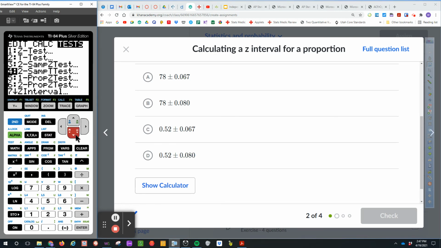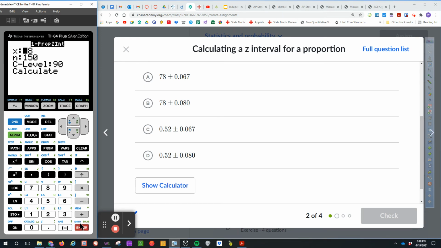We go down to one prop z int, 78. Okay, so the answer is 0.453 and 0.587.